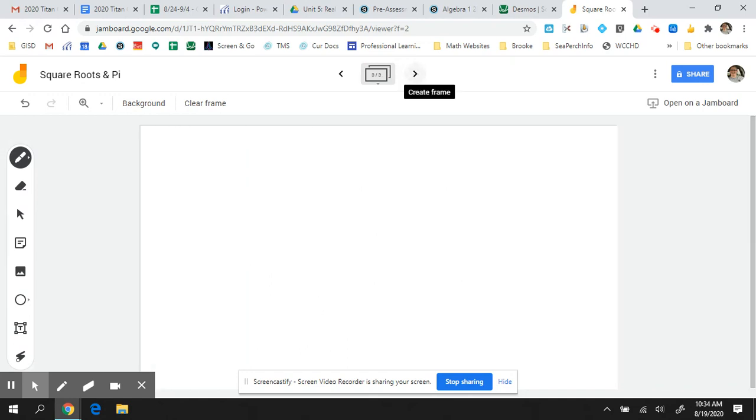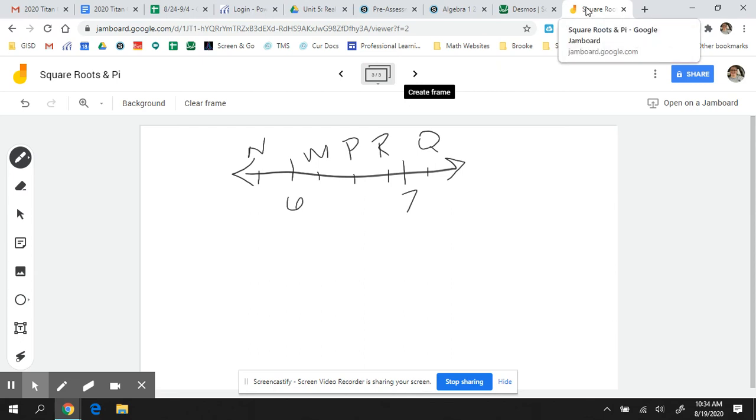Last thing, sometimes they will give you a number line, and they will give you lots of dots, like this is N and M, P, and Q, maybe R, lots of different little dots, and they'll ask, where does the square root of 38 fall in this number line?